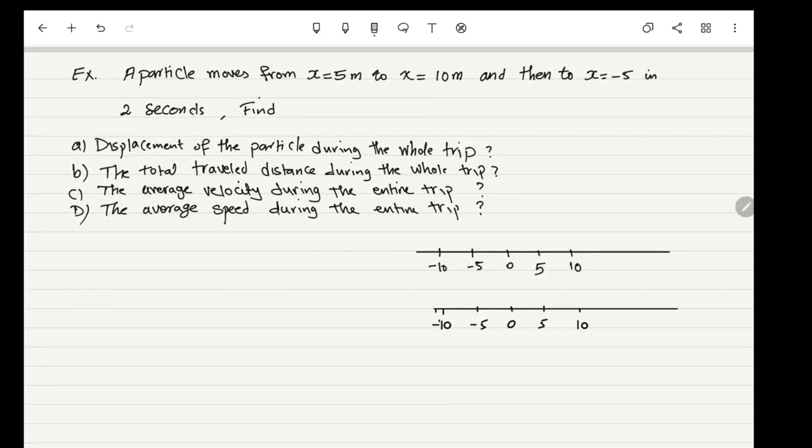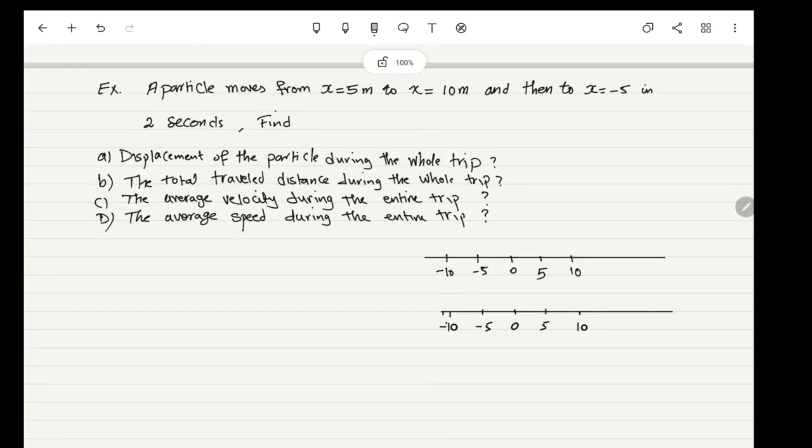Now, to solve this problem, we just draw this simple diagram here, and let's go back to the question. A particle moves from x equal to 5 to x equal to 10. So the starting point here is this one here, and the particle moves from 5 to 10, so it moves this distance here.